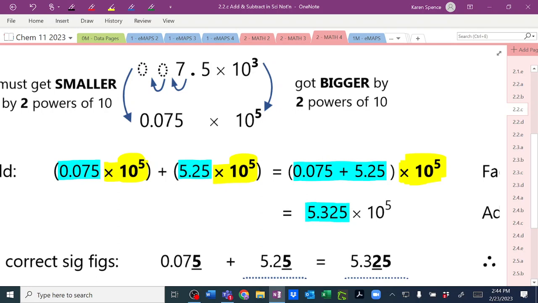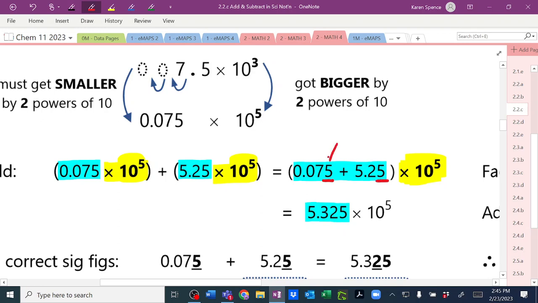Now we need to look and say, do we have correct sig figs? Well, we are adding and subtracting, so what do we need to look for? Uncertain digits. In the 0.075, it would be the 5. In the 5.25, it would be the 5.